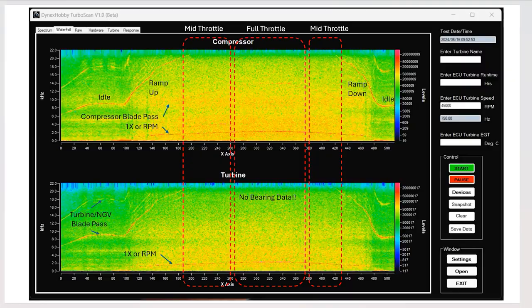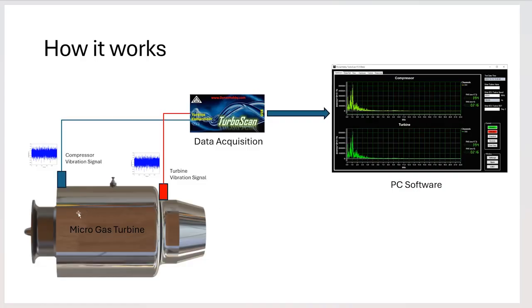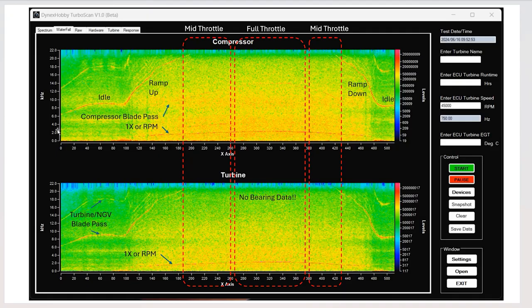So just going back, TurboSCAN actually uses two accelerometers mounted directly to the case of the gas turbine engine, and that allows us to measure the vibration levels from the bearings on the compressor and turbine stages. So that's one of the reasons why TurboSCAN is so effective, because it's able to capture that data where you can't get that data through a microphone.